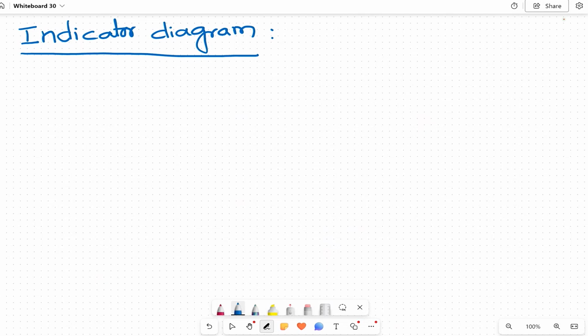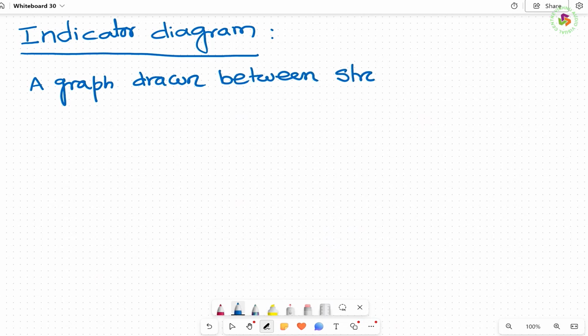So what is an indicator diagram? It is a graph drawn between stroke length and pressure head.